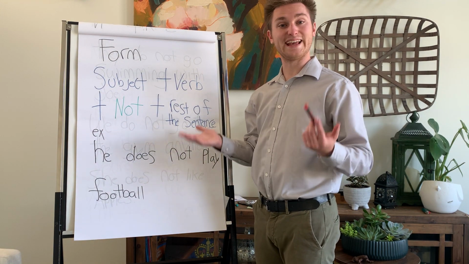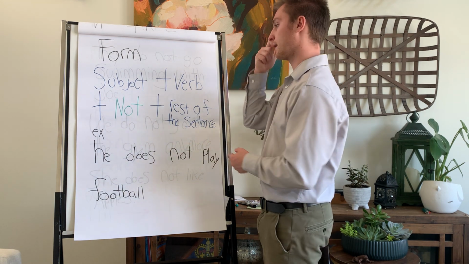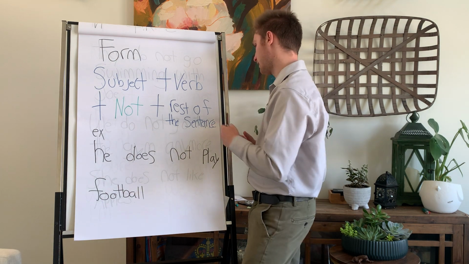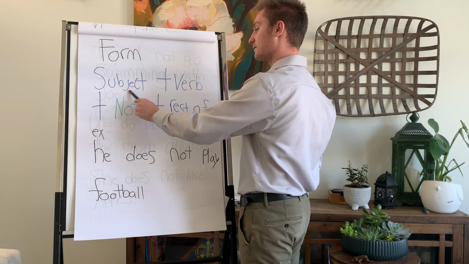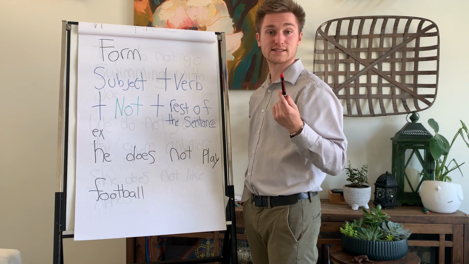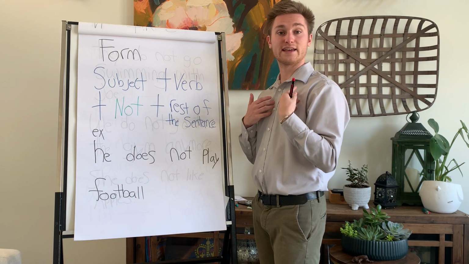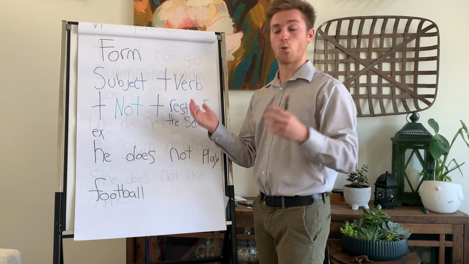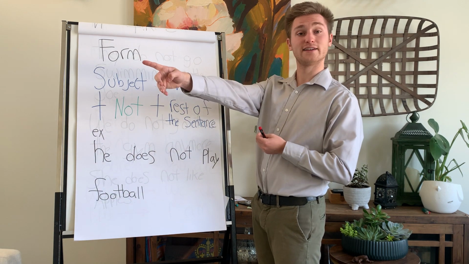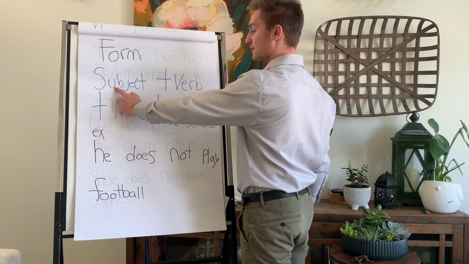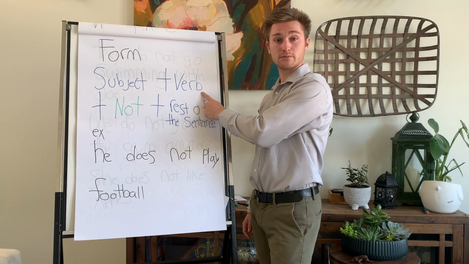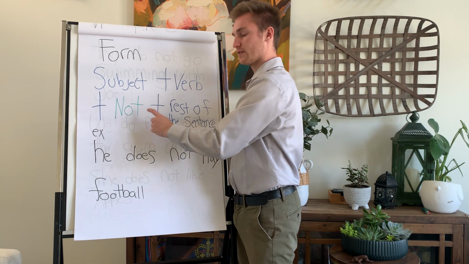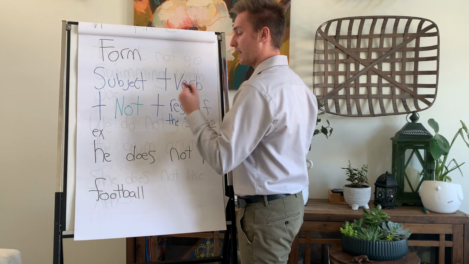Now, to create a negative sentence, we do so using this formula. We have a subject, such as me, I, you, he, she, we, they, the subject plus the verb plus not. So this is the key part of forming a negative sentence.